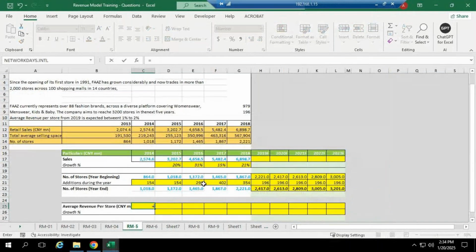Is equal to sales, divided by, average of, so this 864. That means the number of stores at the year beginning, comma, and at the year end. Now close the bracket, enter.